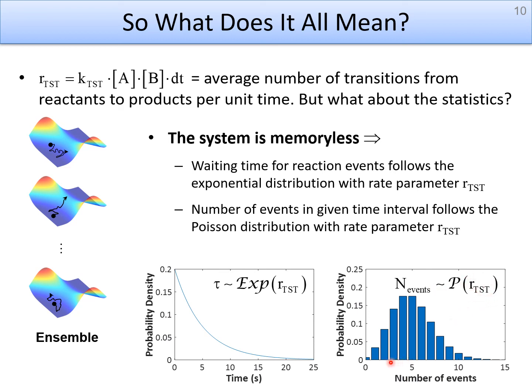The probability of seeing, let's say, 5 events in our 1 minute of observation, for example, is equal to 0.17 or whatever, etc. The probability of seeing too many events, like 10 events here, is much, much lower, etc. All of these are consequences of the memoryless nature of our random process, the reaction occurrence.